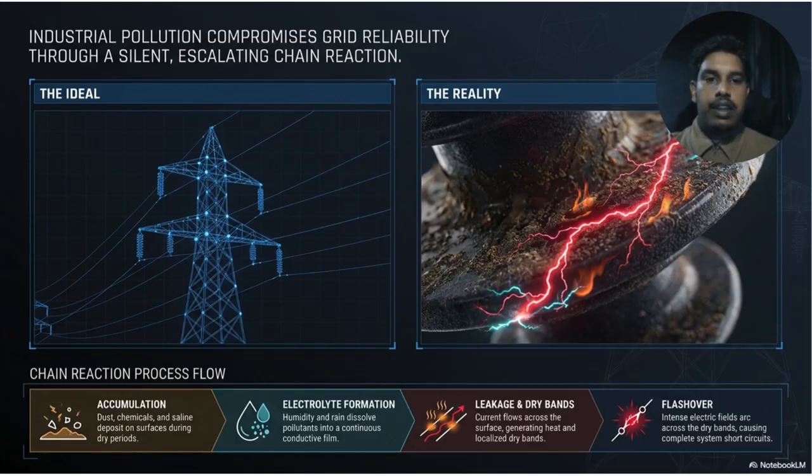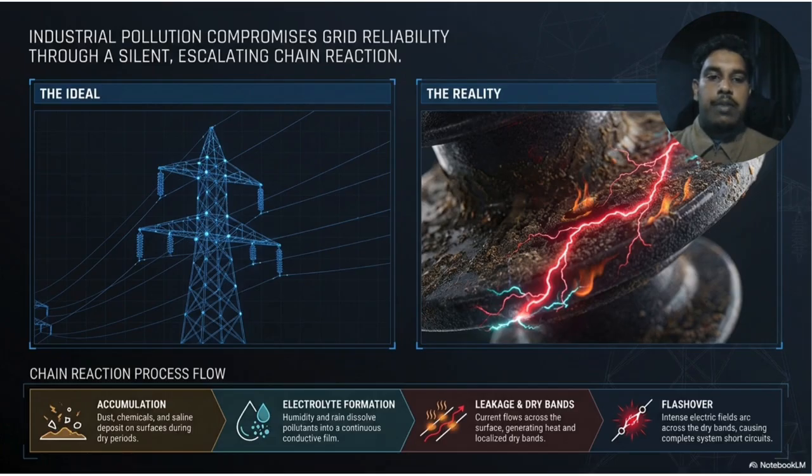Firstly, the problem statement. Overhead line insulators play an important role in supporting transmission lines while providing electrical insulation. However, in polluted environments, contaminants such as dust, salt, and industrial smoke can accumulate on the insulator surface.